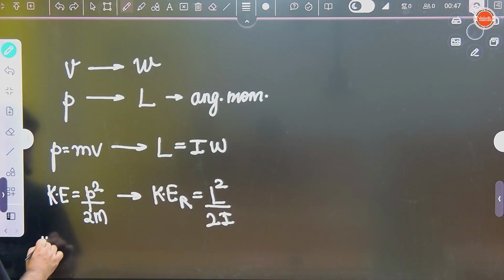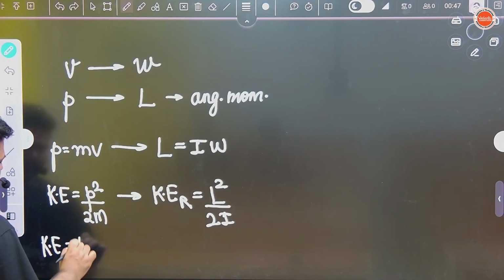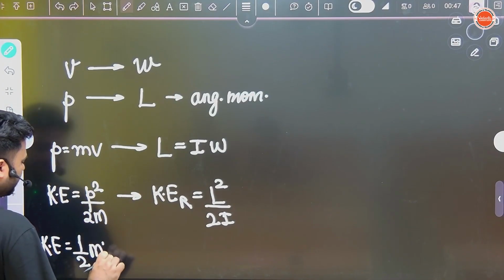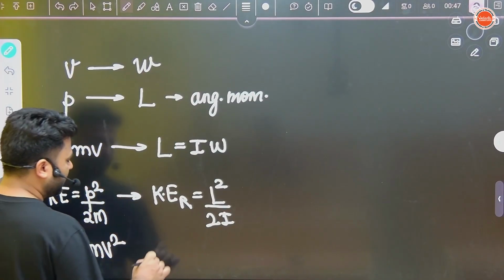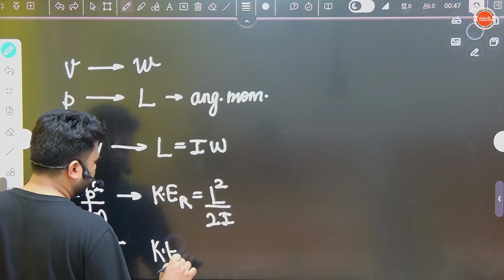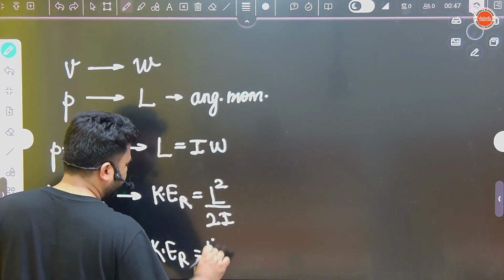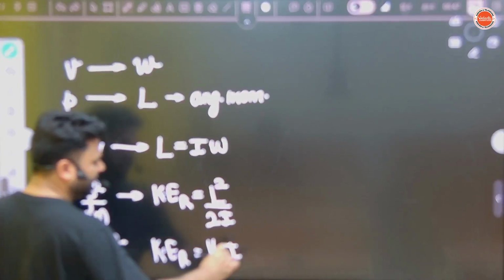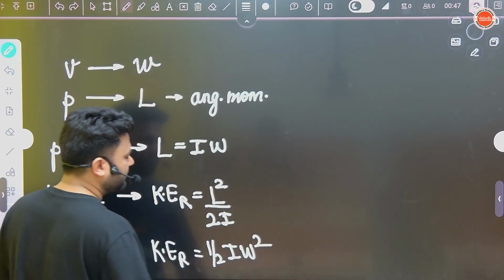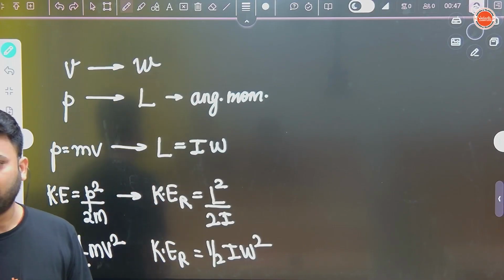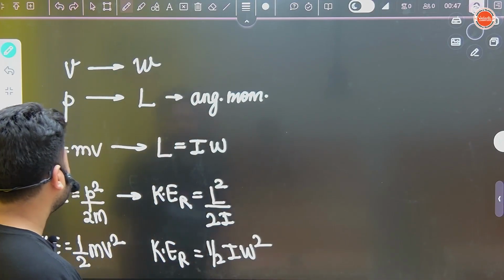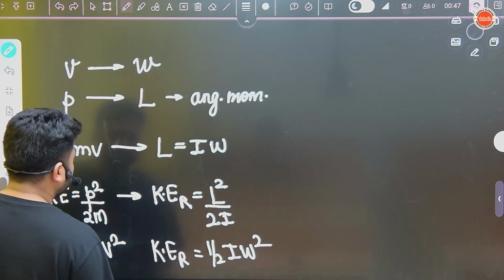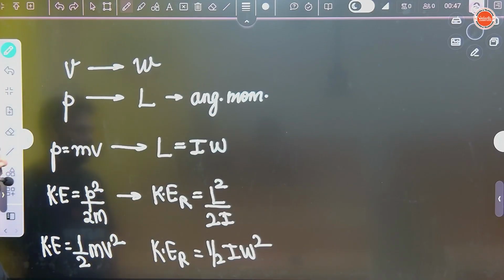Achha, kinetic energy in linear motion, what we write? Half mv square. So here kinetic energy in rotation, what we can write? Half, in place of mass, moment of inertia. In place of velocity, angular velocity square. Okay. So these things you should know.